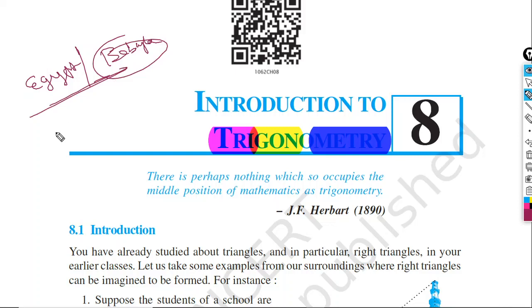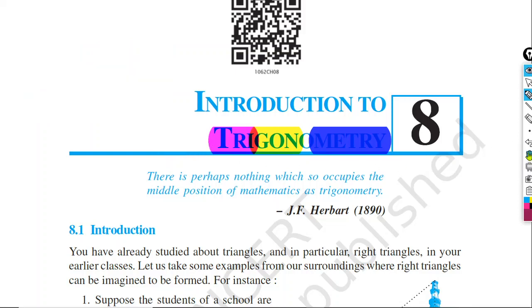And also in the earliest science, the astrologers were measuring the distance between the stars, the distance between Earth and Sun with the help of trigonometry. Even today, some of the complex measurements regarding space and many other fields, trigonometry is widely used.